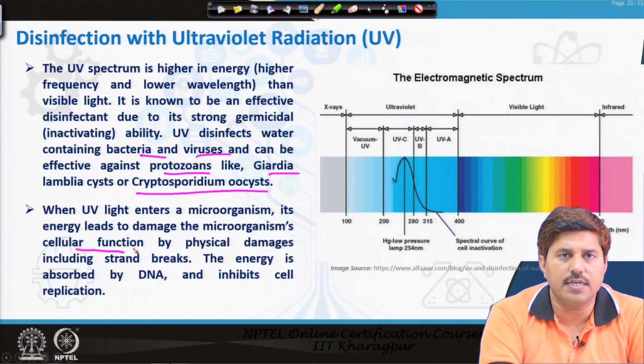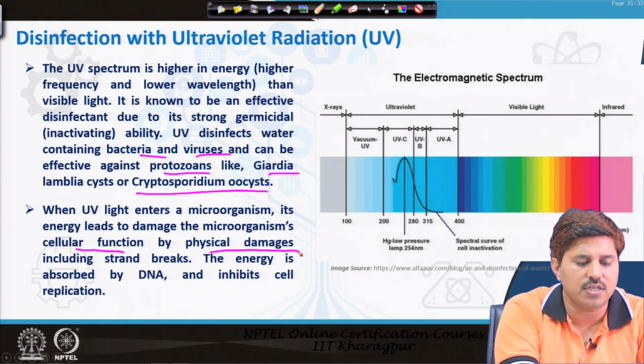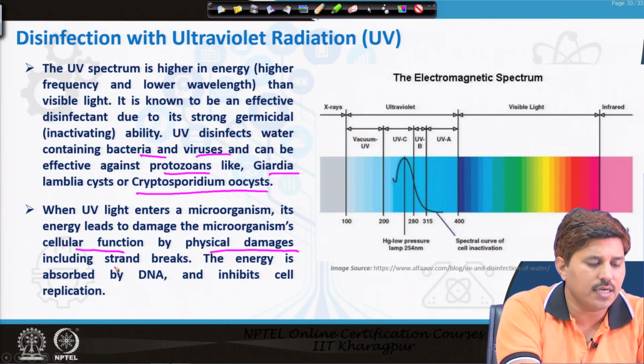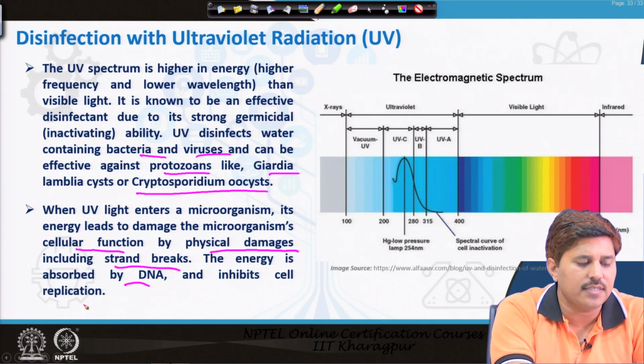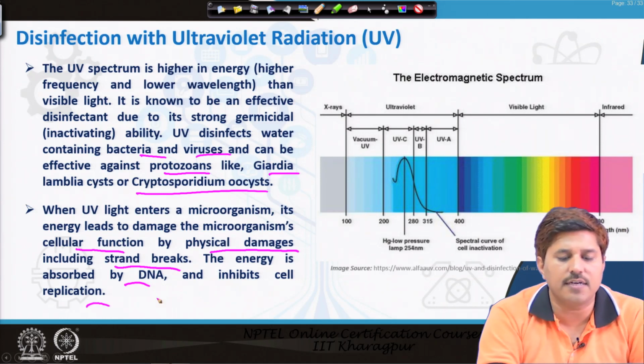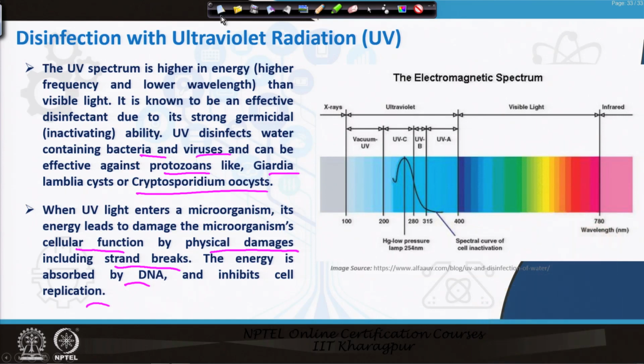This damage could be by sheer physical damage, including strand breaks. The energy is absorbed by the DNA and it inhibits cell replication. Now, if you see the electromagnetic spectrum and the spectrum curve for cell inactivation, this is the wavelength range which is good for cell inactivation.